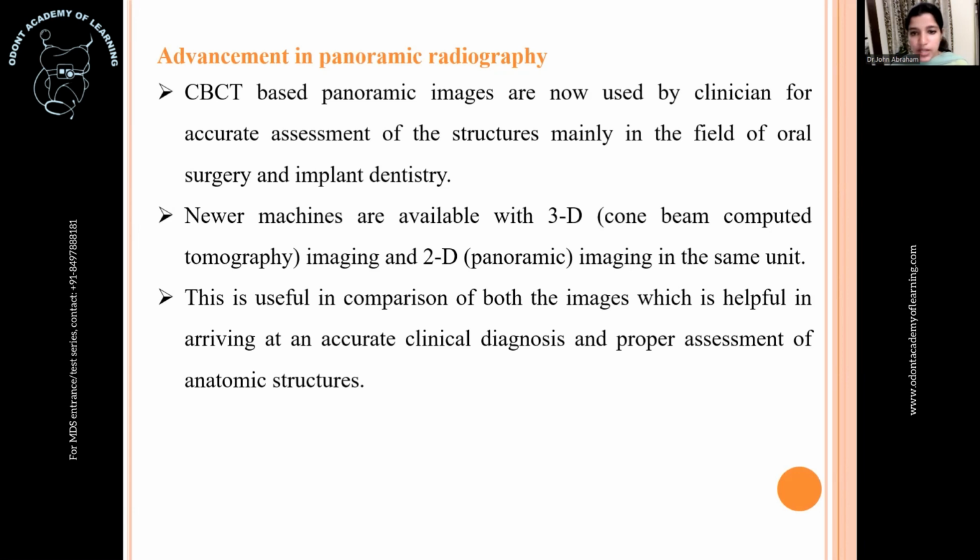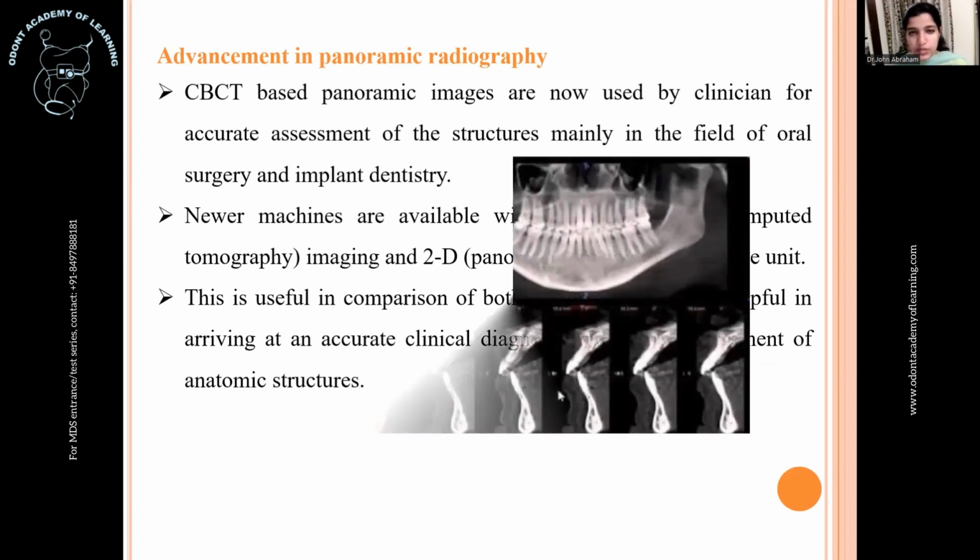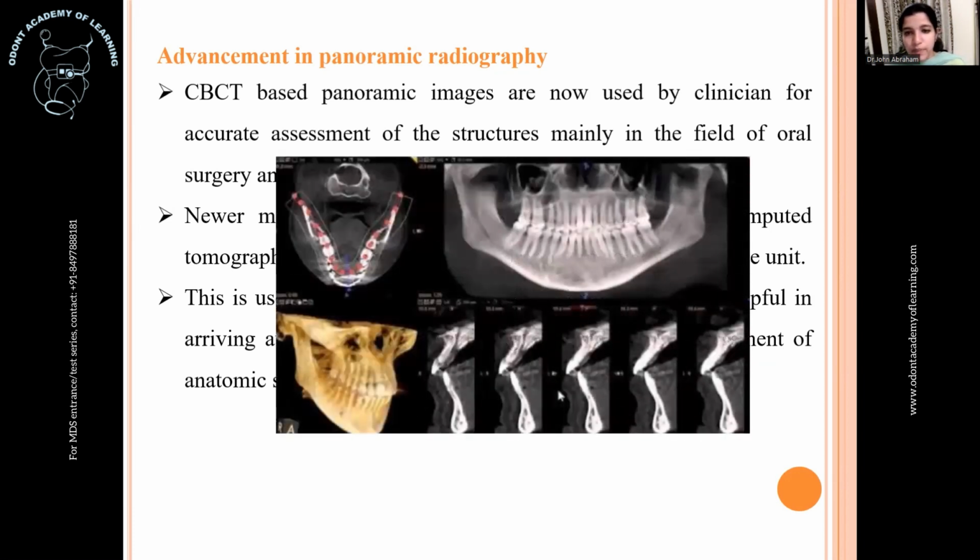New machines are available with 3D imaging and 2D imaging in the same unit, which is useful for comparing both images and helpful in arriving at an accurate clinical diagnosis and proper evaluation of the anatomical structures. You can evaluate the three-dimensional picture and the two-dimensional picture at the same time.